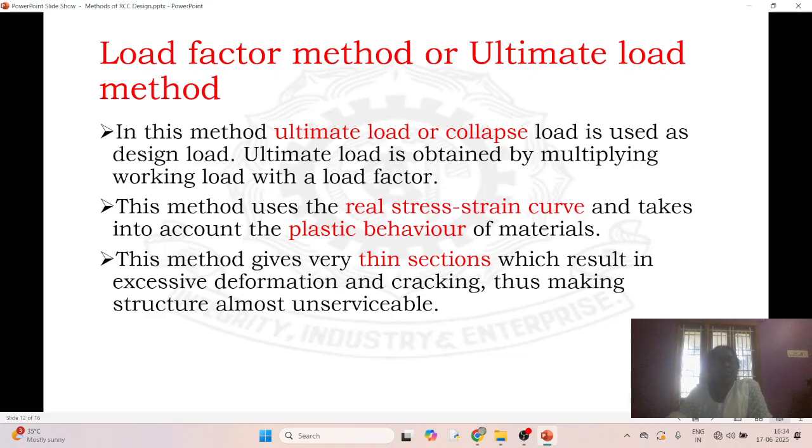In the previous working stress concept, stress and strain were assumed proportional. Here the real stress strain curve and plastic behavior are considered. So this gives very thin sections which result in excessive deformation and cracking, thus making the structure almost unserviceable.